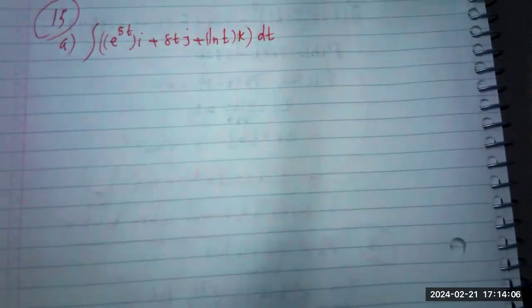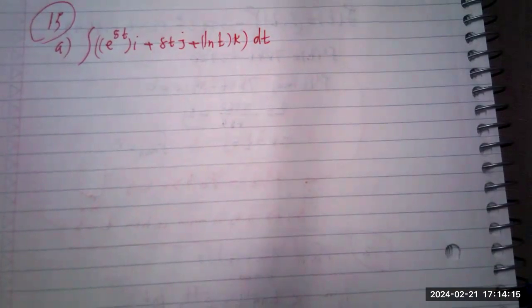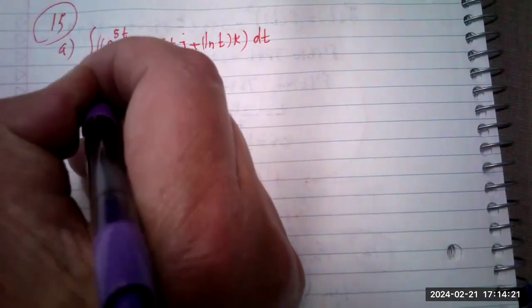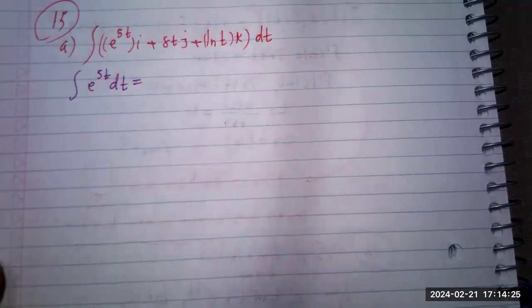That's 1. So we're going to integrate each one of them separately and just do the job. Definite integral, you can pick. We're going to have a constant function. So I'm going to take the first part, e to the 5t dt. You know that the exponential function never changes.